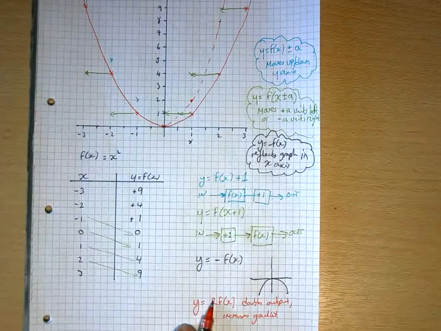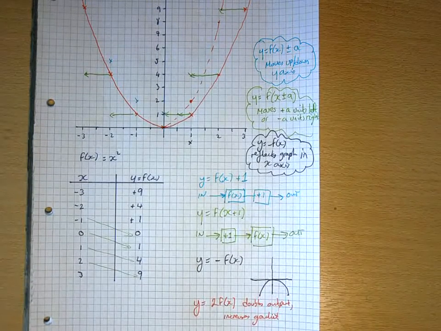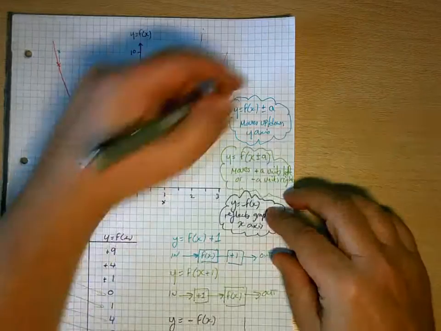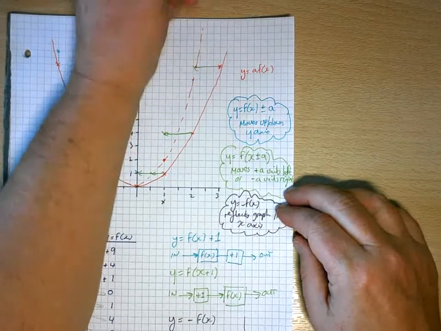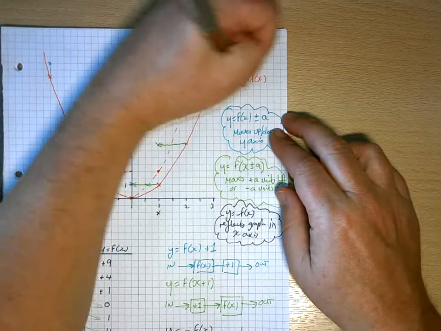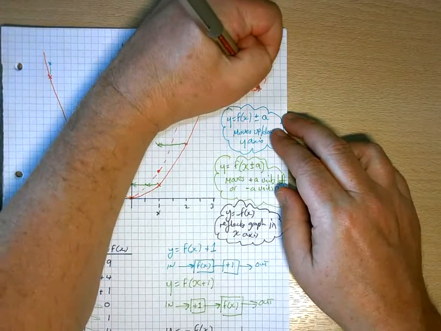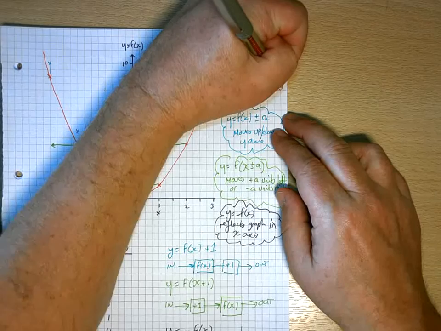So it makes it steeper. So if that was a half, it would make it less steep. So y equals af(x) increases the gradient.